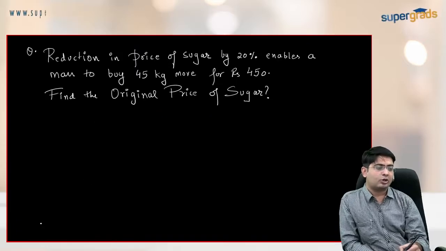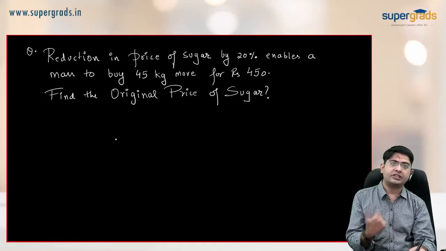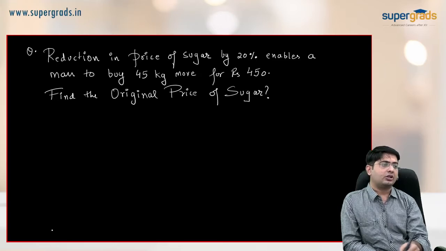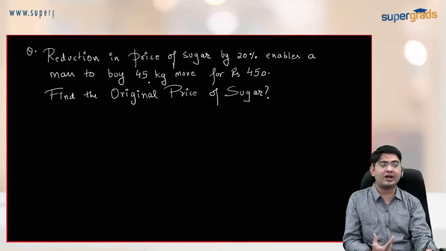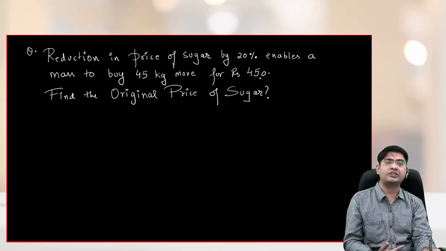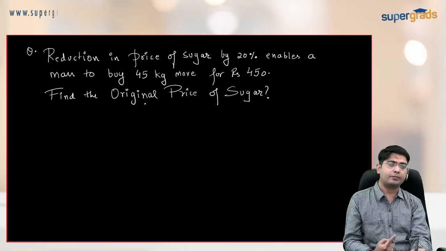Let us now discuss a problem based on what we have discussed. The problem says that a reduction in the price of sugar by 20% enables a man to buy 45 kg more for rupees 450. Find the original price of sugar.